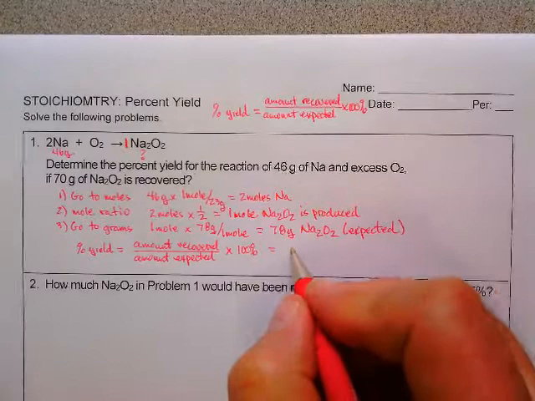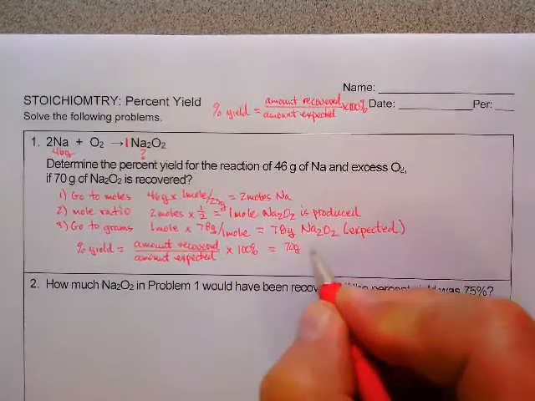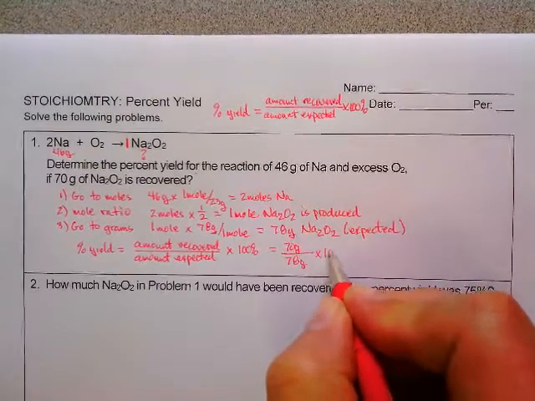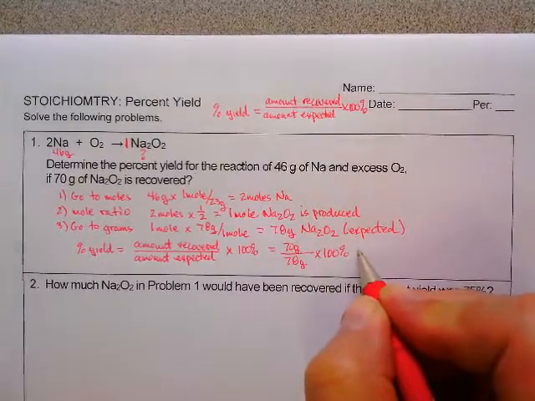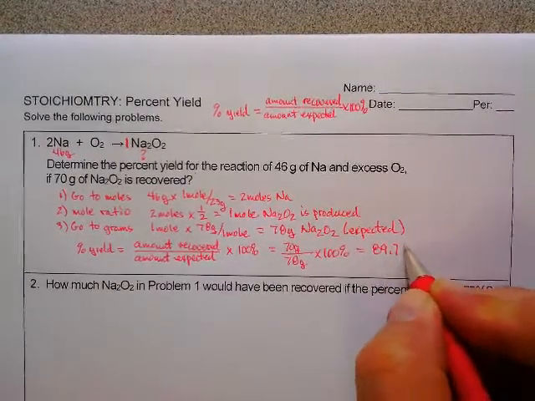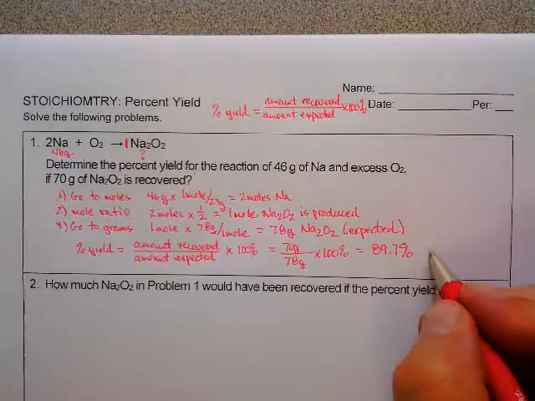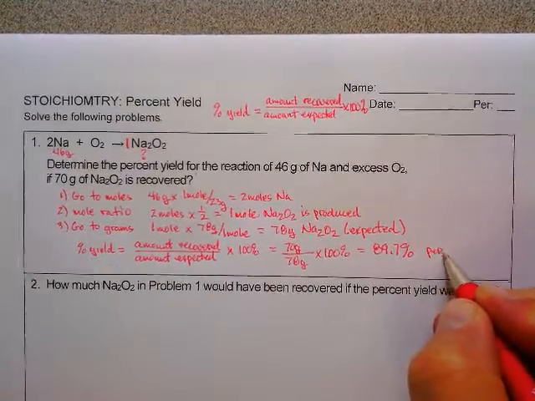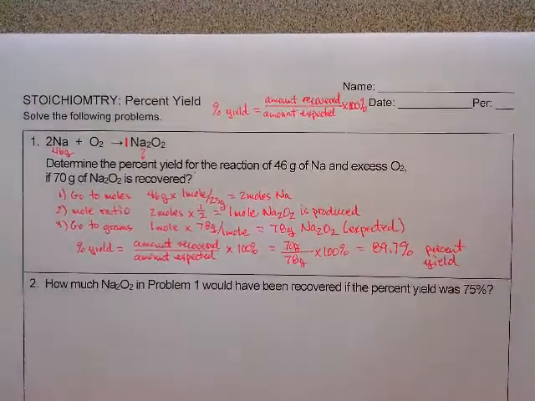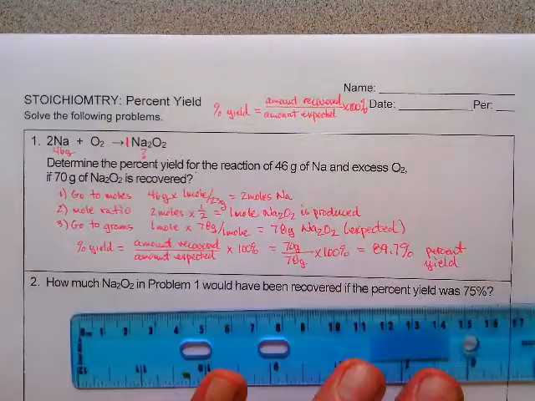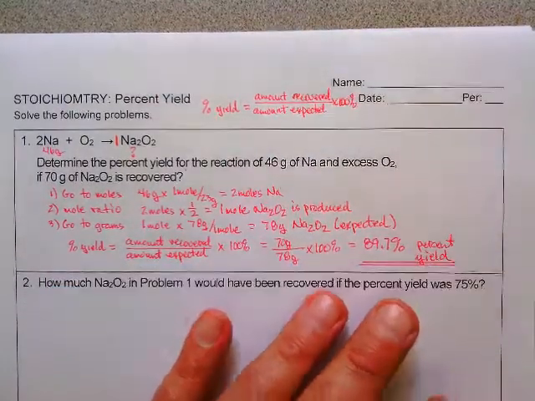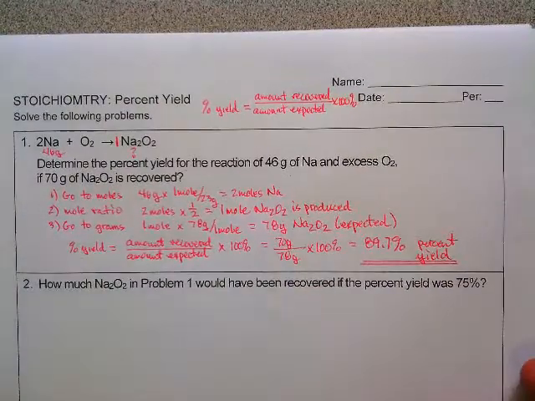So we've got 70 grams over 78 grams times the 100, and our answer is 89.7%. So that is the percent yield. Almost 90%, which would be pretty good, actually.